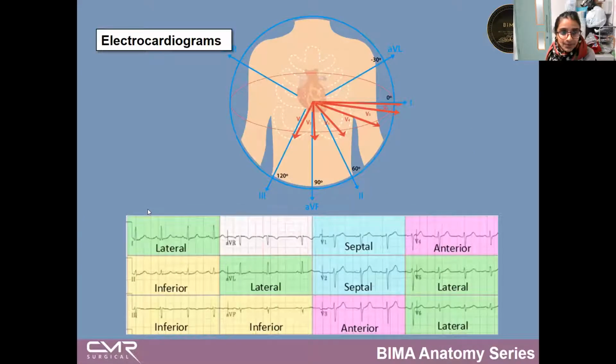Okay, so looking at the leads of an ECG helps to visualize which leads correspond to which area of the heart, and then consequently which arteries are supplying it.